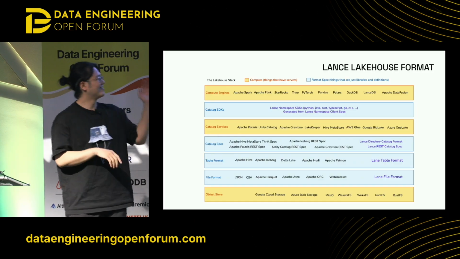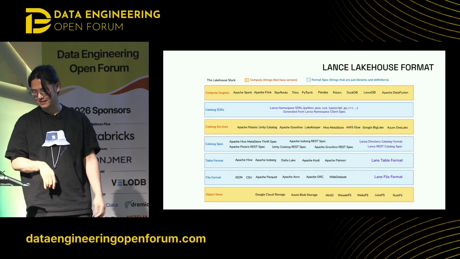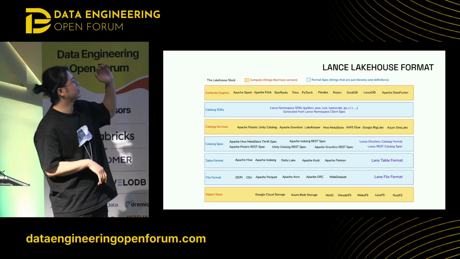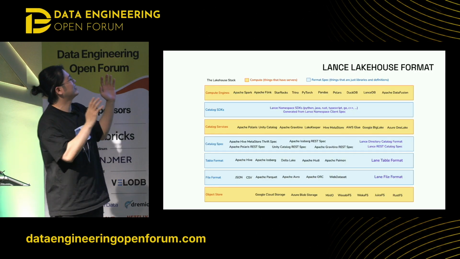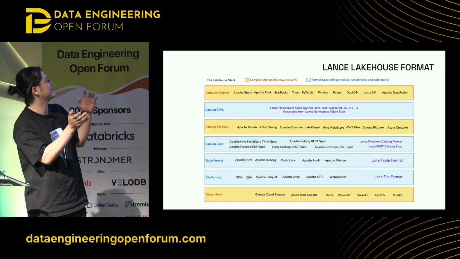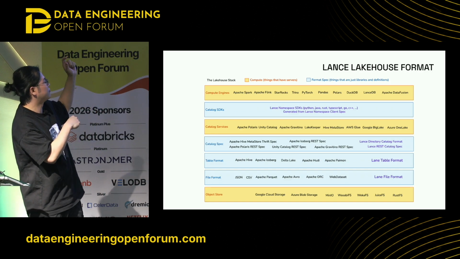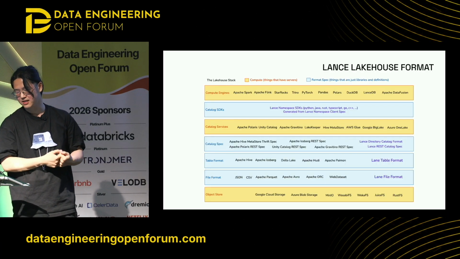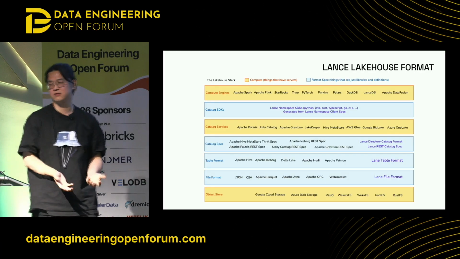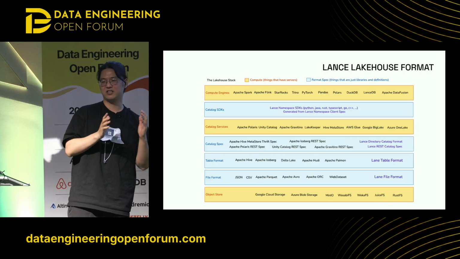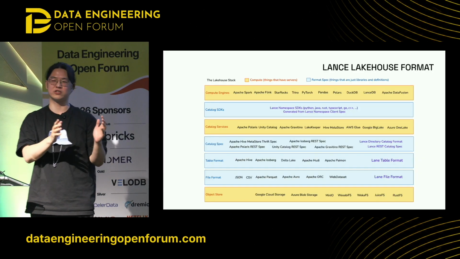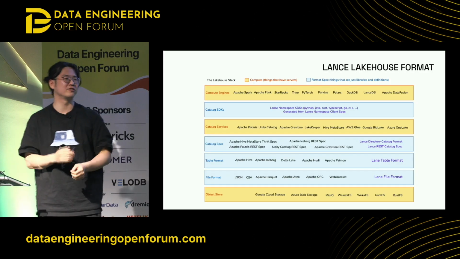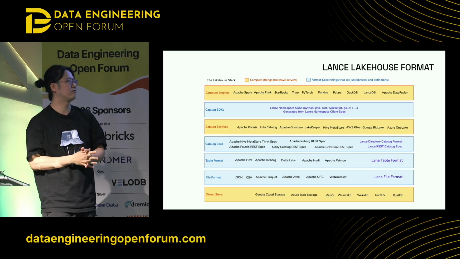So actually this is what it really is: all the blue layers are what Lance provides, which is the format and library side of things versus the compute side of things. We have the file format that is allowing the random access and high performance, and we have the table format that is doing what Pablo was saying about stitching different files in two dimensions, so you can add columns and also add rows at the same time in different use cases.